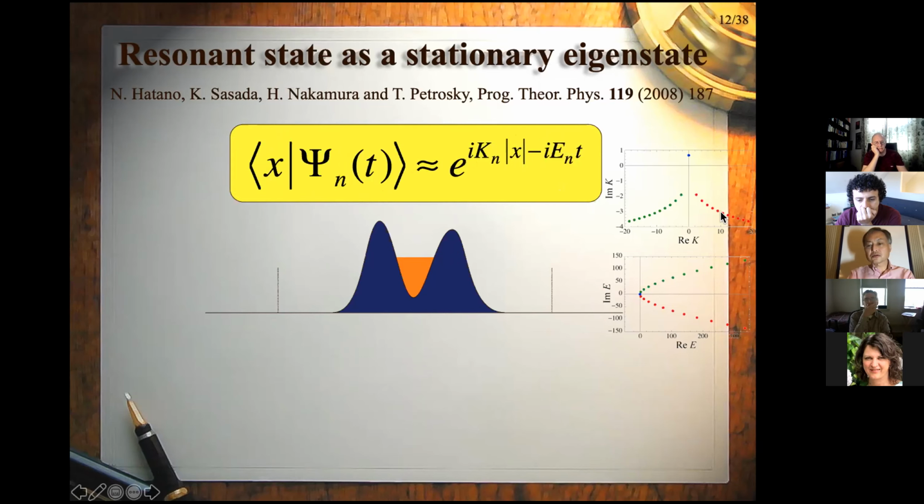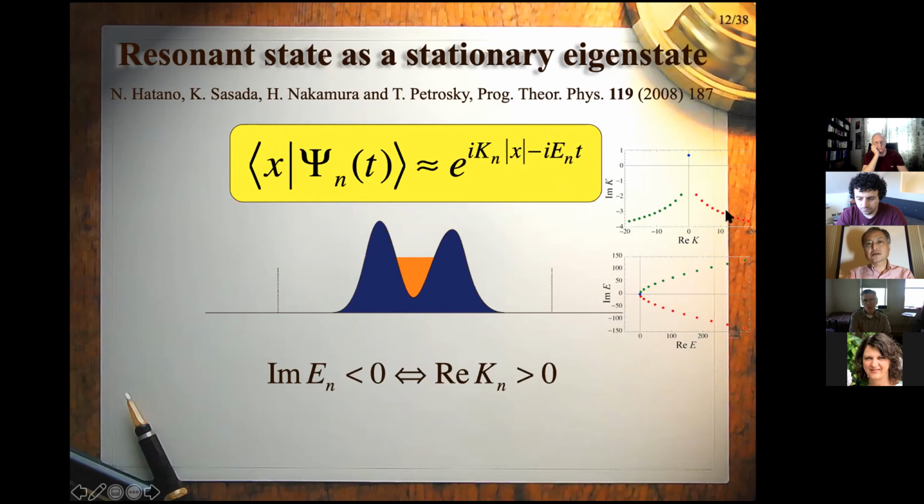For these red states, the eigenvalues have negative imaginary parts, but the wave numbers have positive real parts.